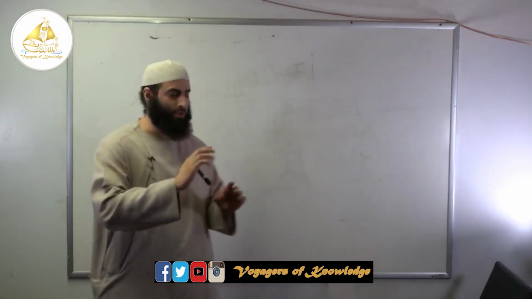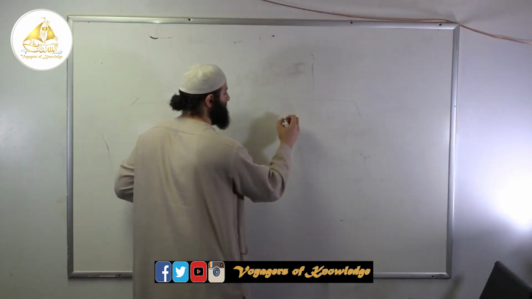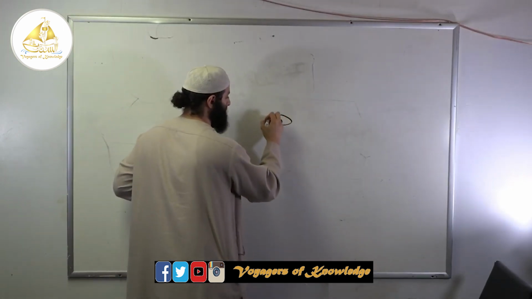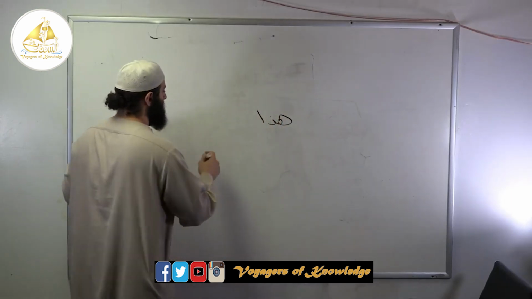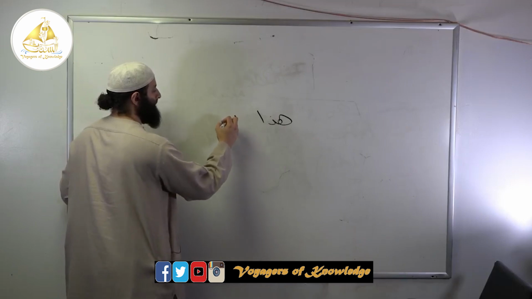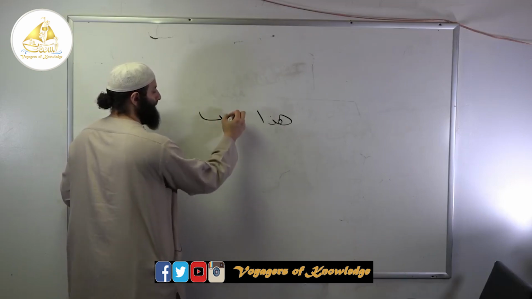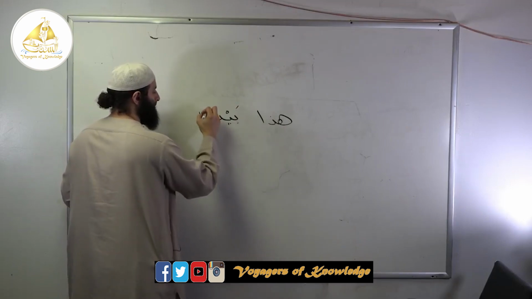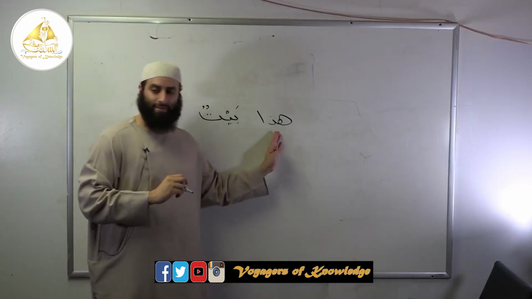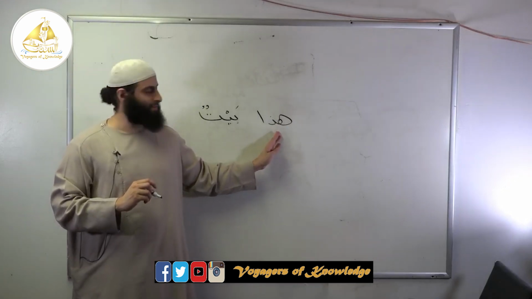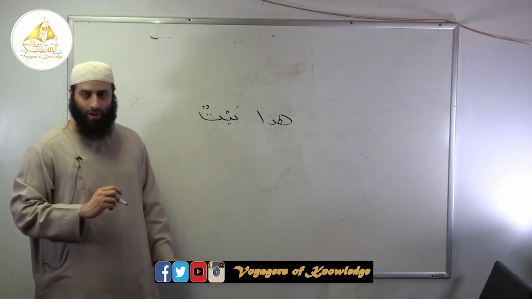The first one, go to the top where it says هذا بيت. We're going to break down هذا, and we're going to break down baytun. Well, baytun doesn't need any breaking down, but we can see what's in there. This is a house.